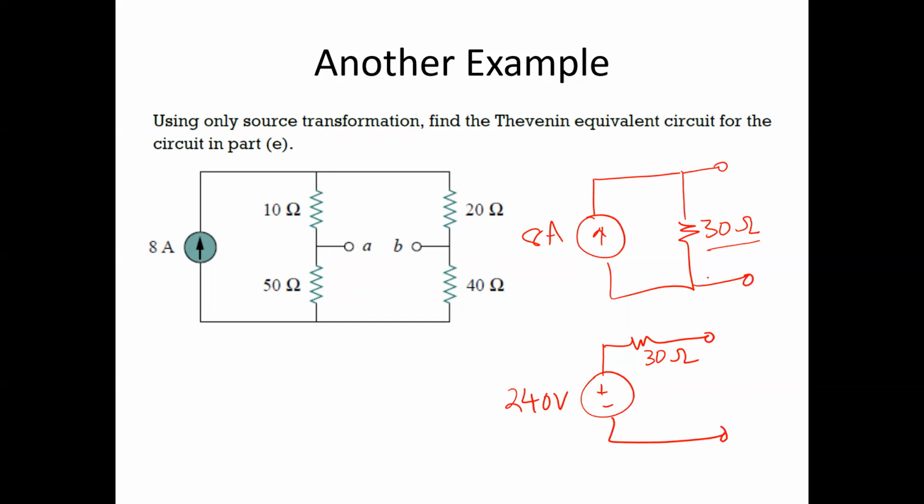I'm combining these all into one resistor, so I'm looking at the equivalent resistance from here to here. Let's call this node X and this Y. So really what I'm finding is the Thevenin equivalent across nodes X, Y, as I've now labeled them on this circuit, okay?